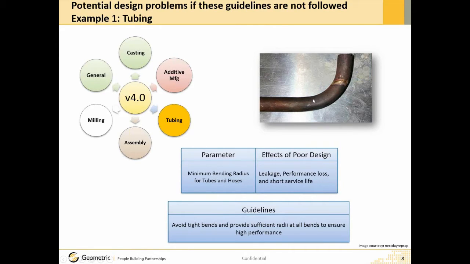So typically, a guideline for bending of the tubing is that tight or sharp bends should be avoided, and it should have a specific radius which is predefined for various bending processes. So for tubing we have now provided this new rule about bending, and I'm going to demonstrate it further in my demo.